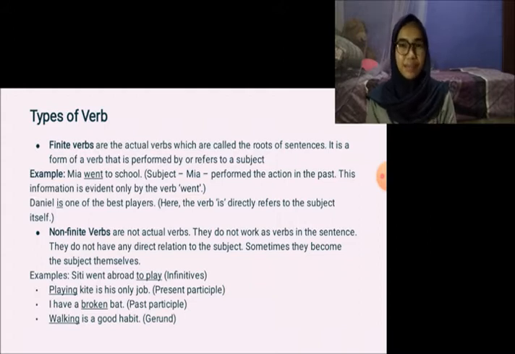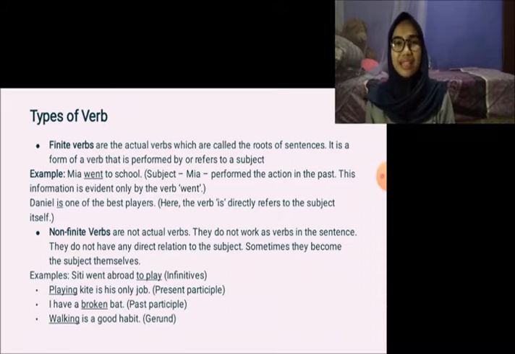For example, "Mia went to school yesterday." So, the subject Mia performed the action in the past, which is yesterday. And the evidence of the information is only by the verb went.